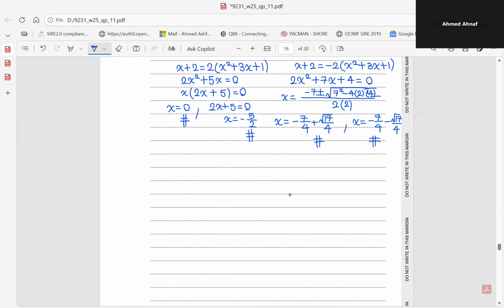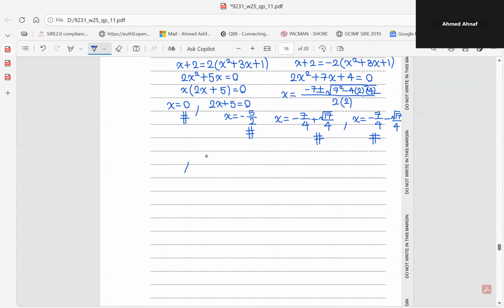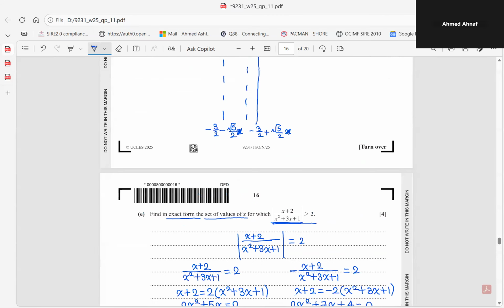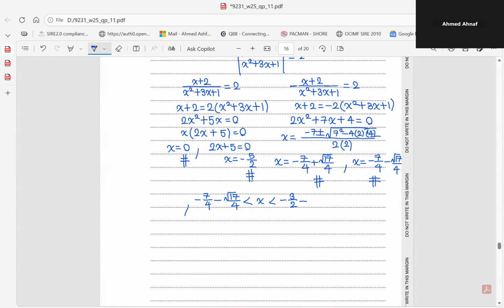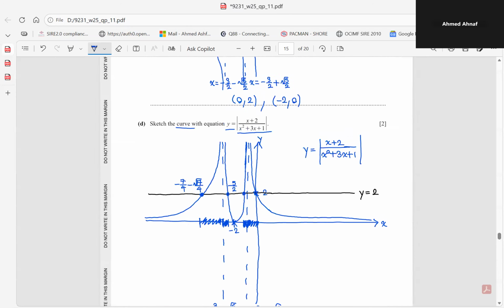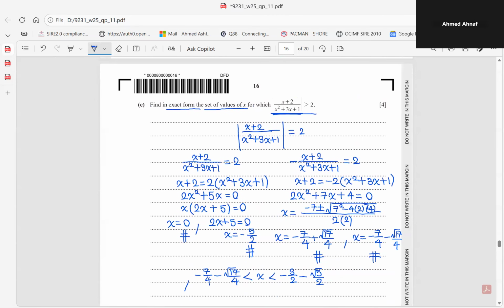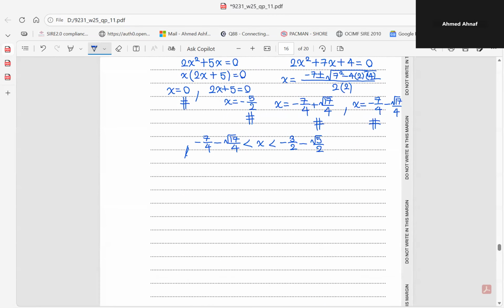So the first region is between minus 7 over 4 minus square root 17 over 4, which is the lower limit, less than x, and minus 3 over 2 minus square root 5 over 2. It is not inclusive, obviously. So that's the first inequality.